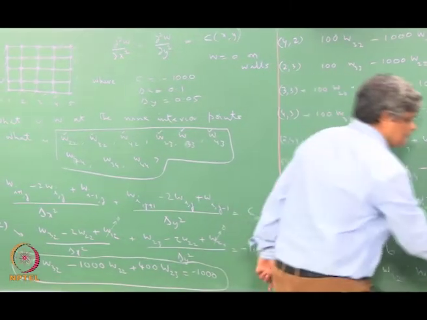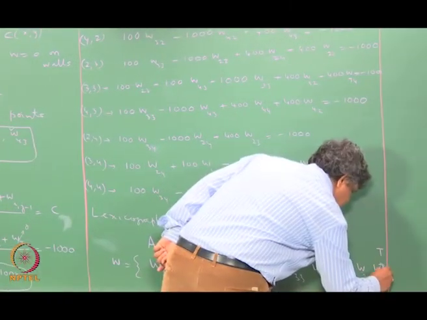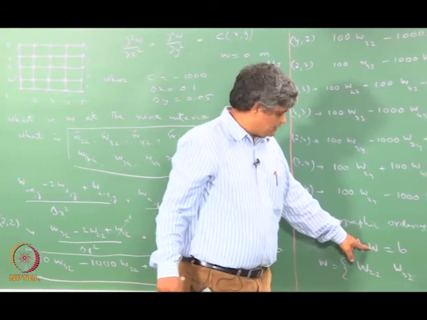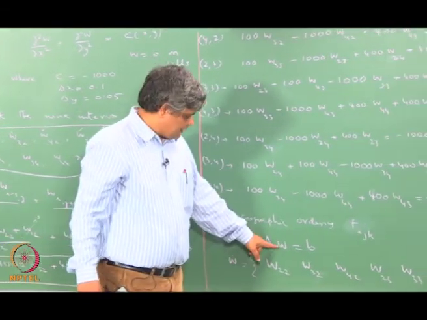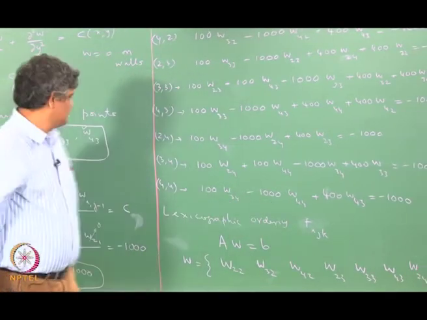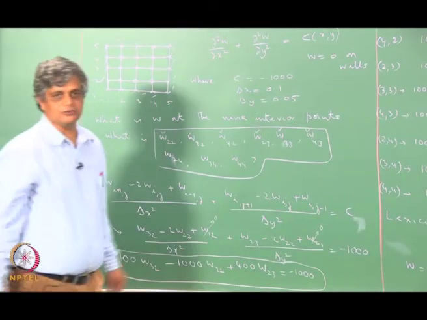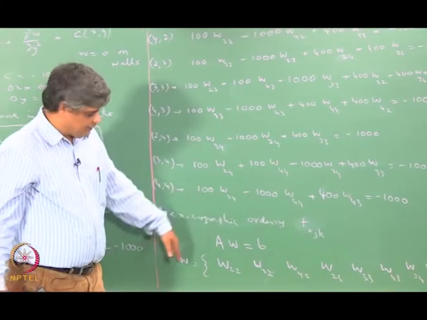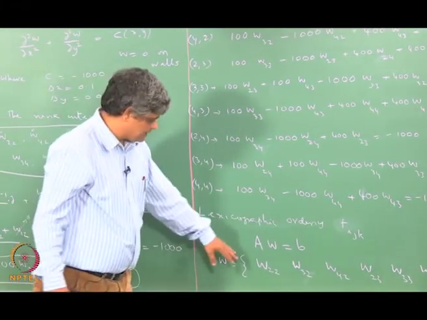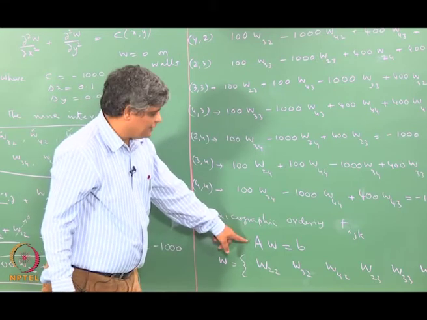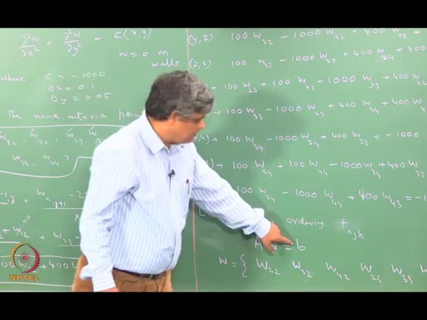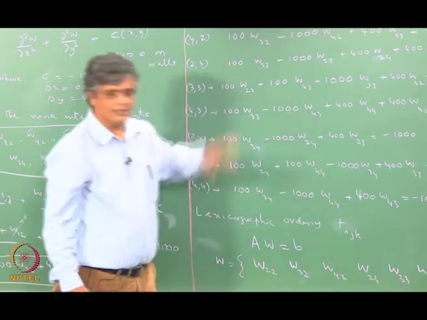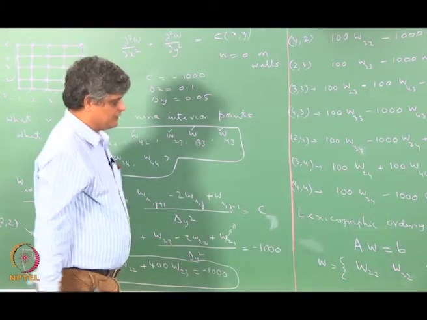This is all the transpose, because here W is a column matrix and there are 9 elements in this representing the 9 unknowns. So this is a vertical column matrix here, and this A is a 9 by 9 coefficient matrix, and B is the corresponding right hand side value for each of these equations.